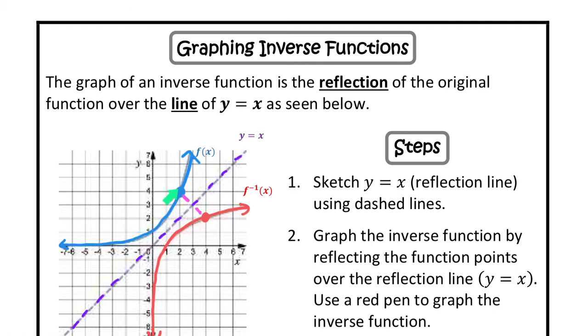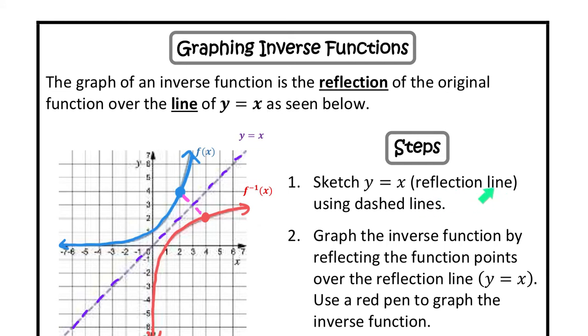So if you look at these 2 points, if the purple line is the mirror, these 2 points are a reflection, right? And actually, the blue and the red graph are a reflection of each other if the purple line is the mirror. So that's the idea here: when you draw this purple line, this diagonal, it serves as a reflection line, like a mirror line.